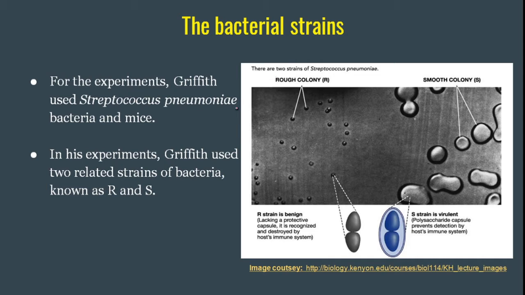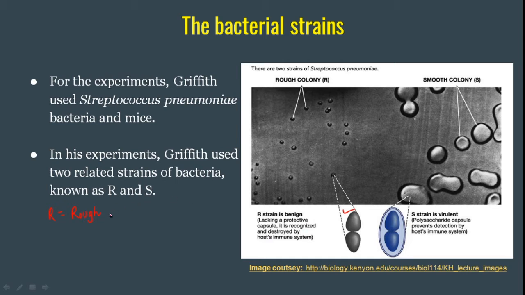In his experiments, Griffith used two related strains of bacteria known as R strain and S strain. The R strain is also known as the rough strain, and we can see in this diagram that the R strain lacks the protective capsule. It is recognized and destroyed by the host immune system.